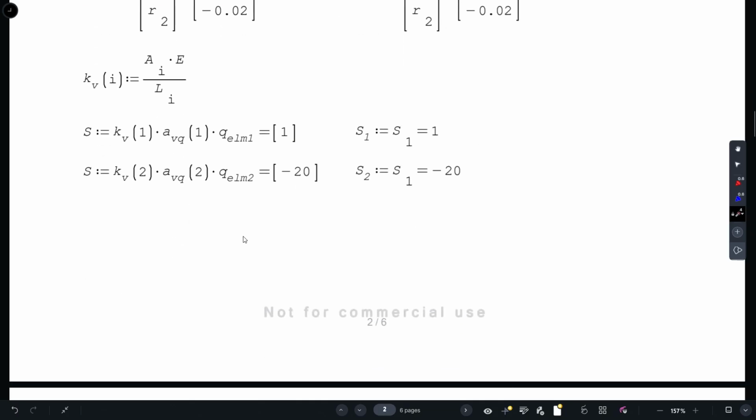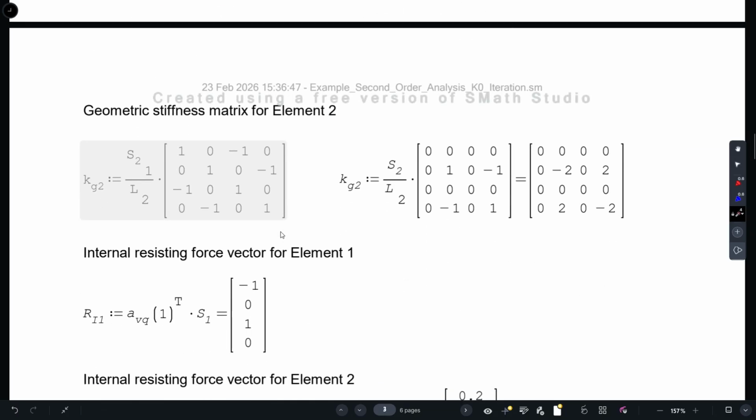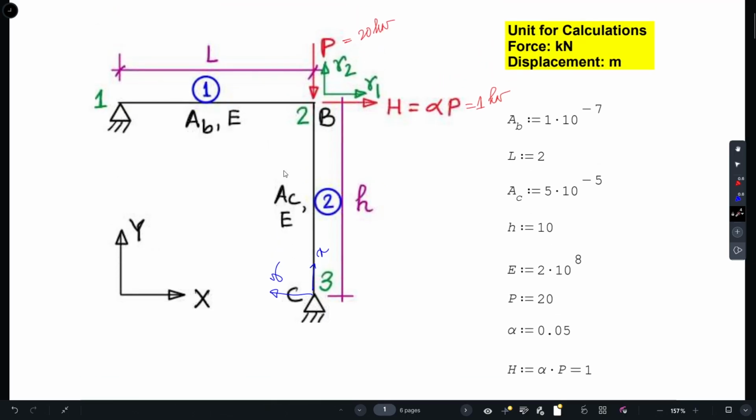So once S is determined, okay, I can now determine the geometric stiffness matrix. So remember, in this case only element 2 is subjected to compressive force. So we'll consider the geometric stiffness matrix for element 2. The geometric stiffness matrix for element 1 will not lead to anything, okay. So let's not worry about that because it is tensile, right.